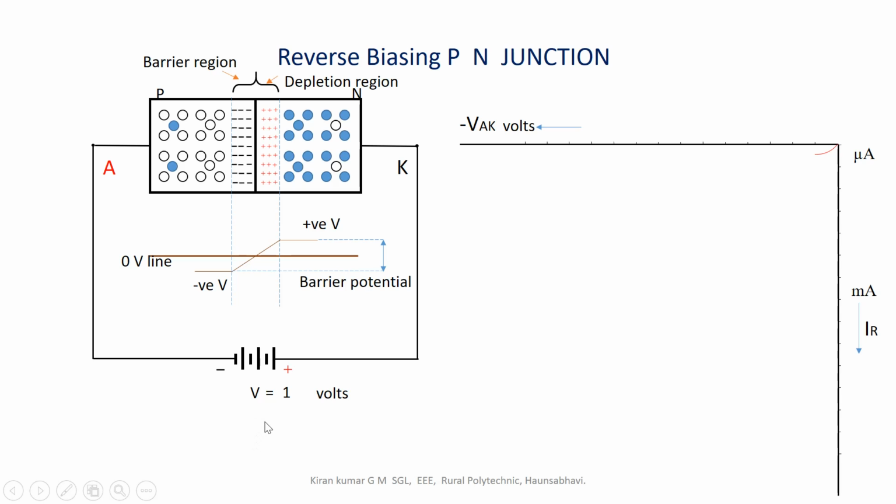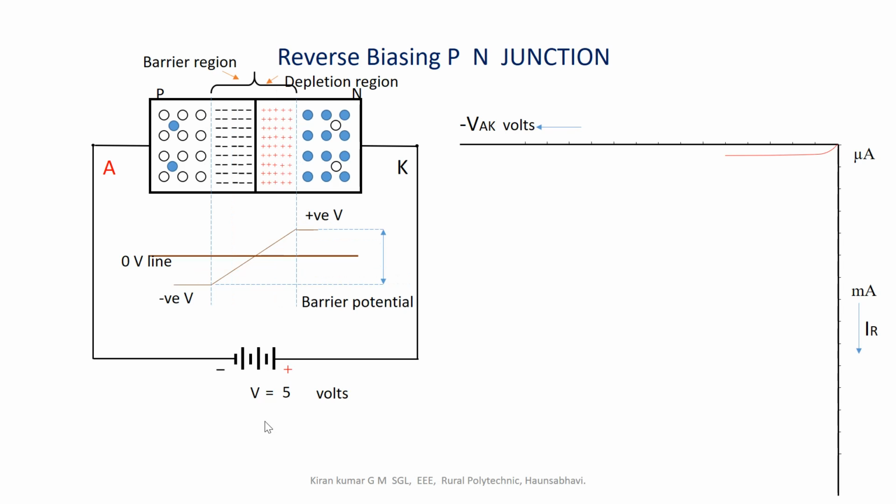If the external battery voltage is still increased to a higher value, the same effects are again magnified. The depletion region is still widened, increasing the strength of these positive and negative ions near the junction.